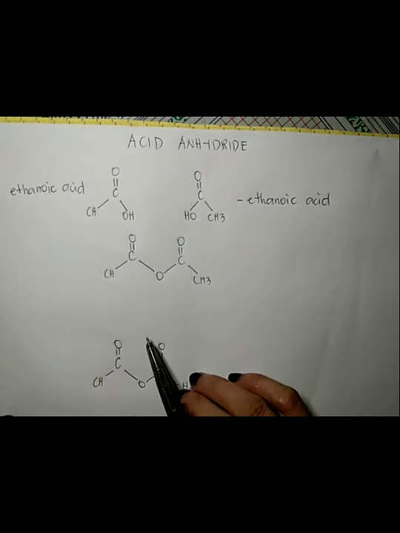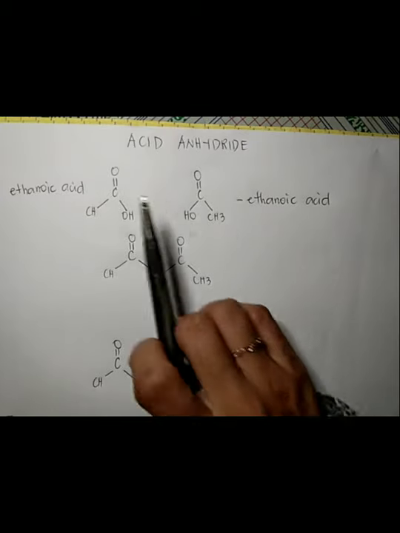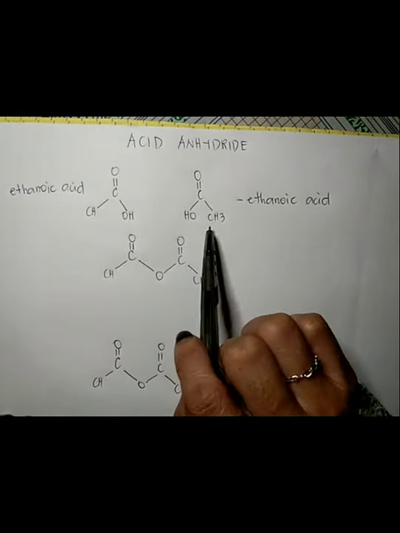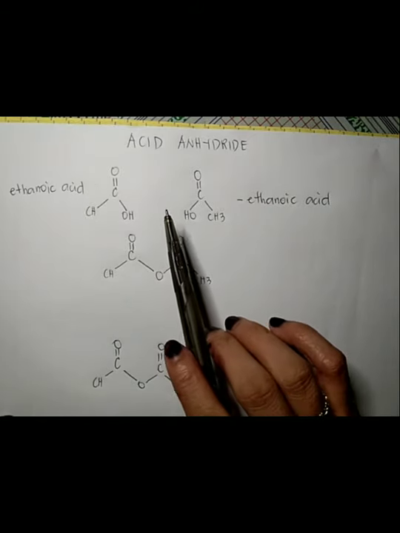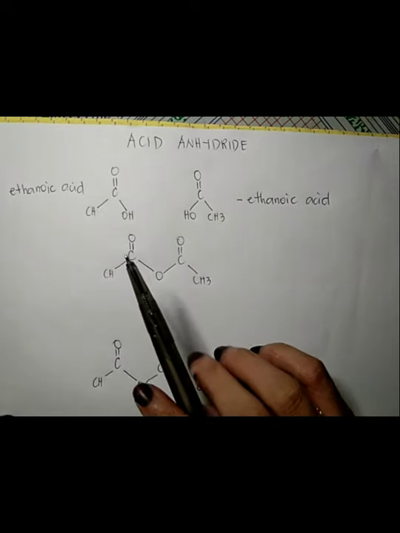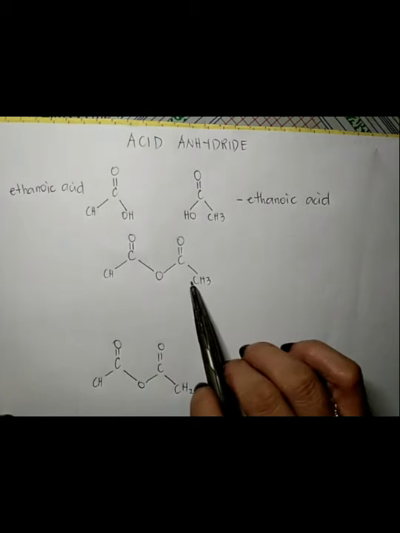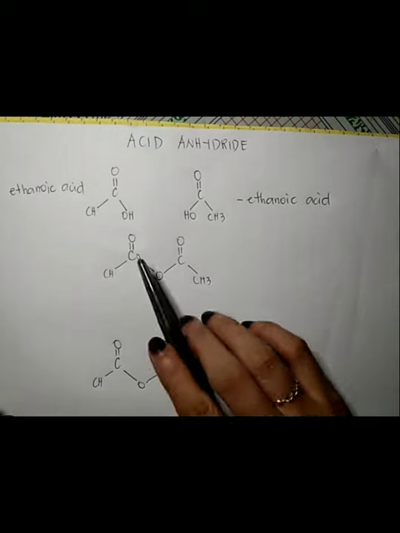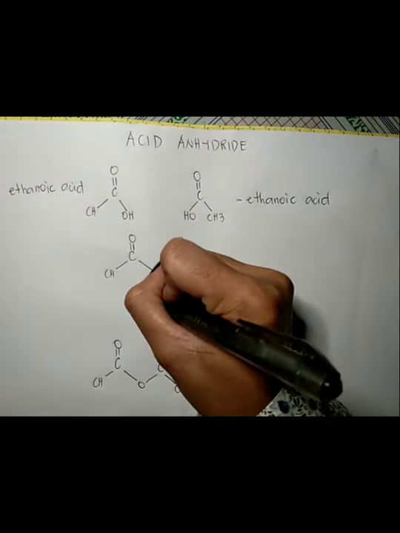Okay, if I combine these two carboxylic acids and at the same time take out water, two hydrogens and an oxygen, and combine them together, it will look like this. As you can see, this is a symmetrical anhydride.